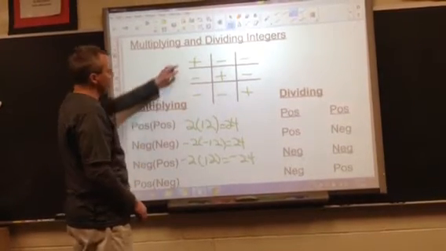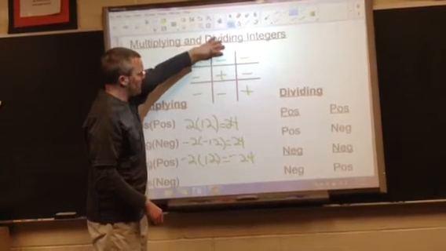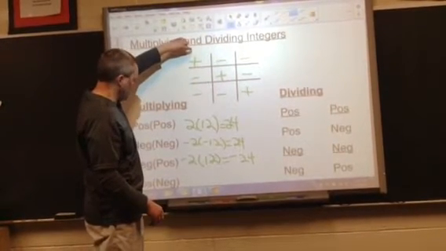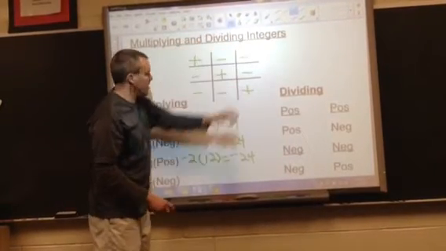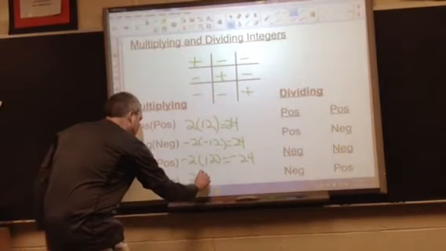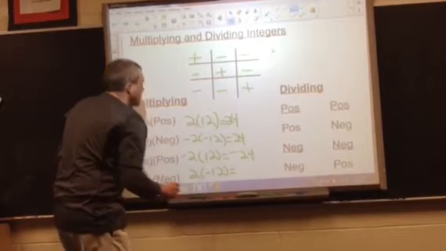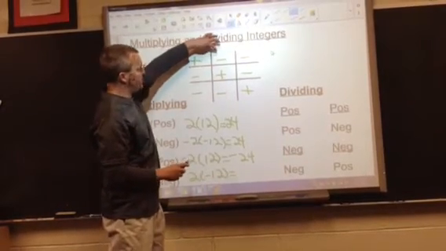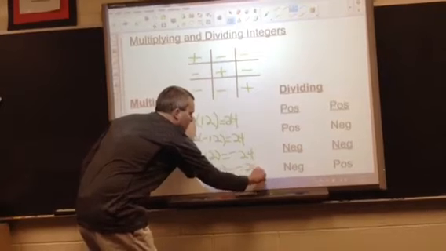So what happens if the first number is positive and the second number is negative? The top line helps you remember that a positive times a negative will result in a negative number. So a positive 2 times a negative 12, on the top line, positive times negative gives you a negative answer.